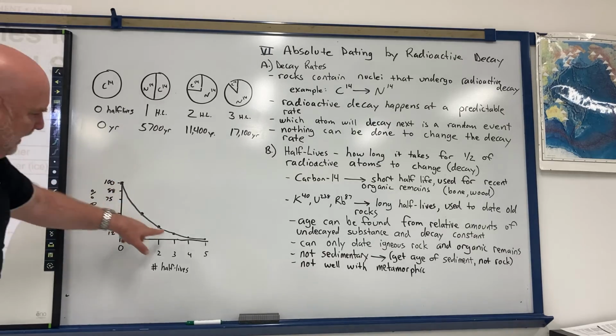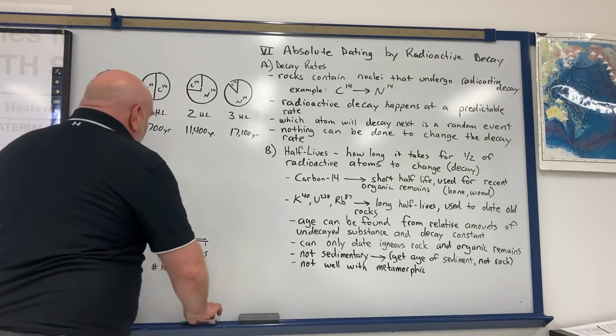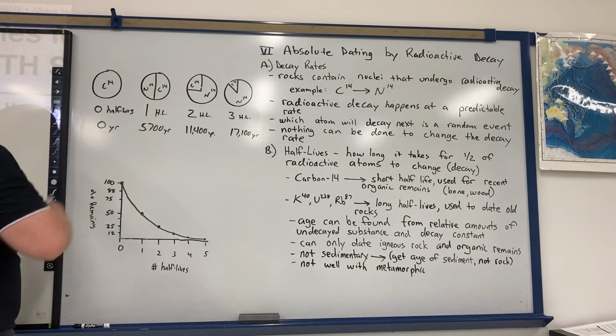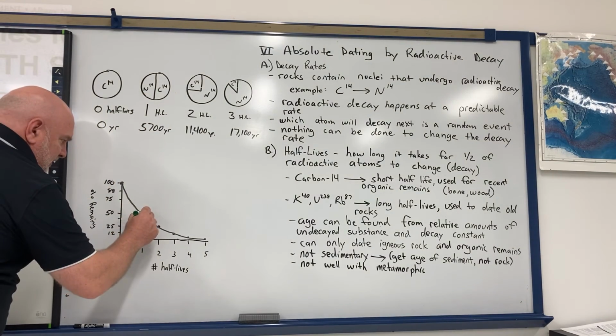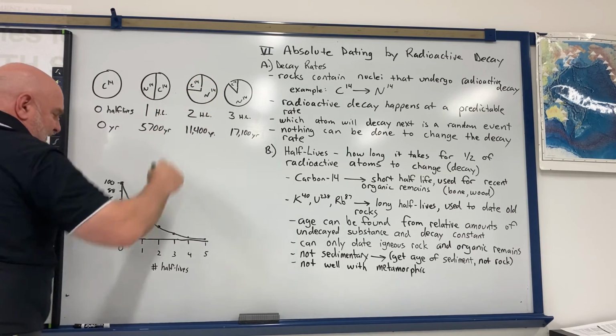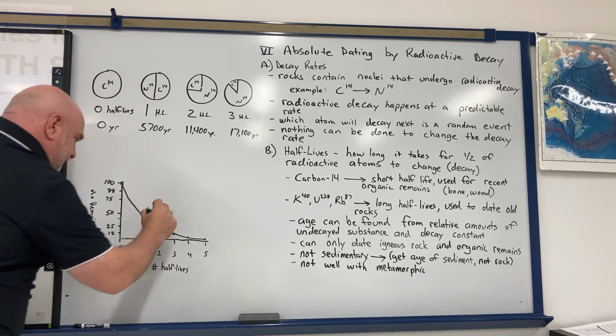So that's what's happened to the amount of carbon-14. If I was going to plot what's happened to the amount of nitrogen, well, I start off with 0 nitrogen, so I'm down there. After 1 half-life, I have 50% nitrogen. After 2 half-lives, I have 75% nitrogen.